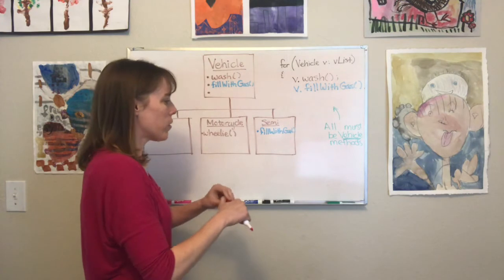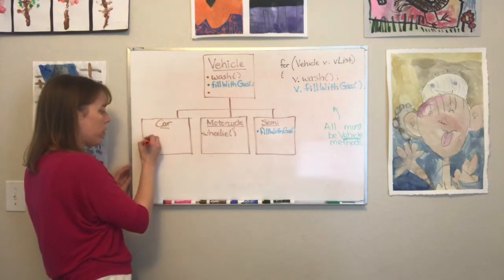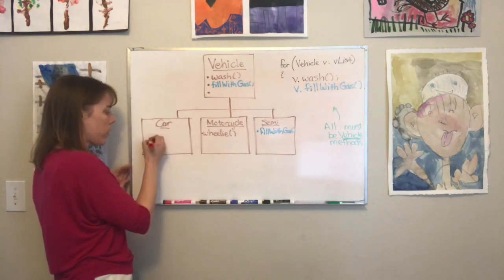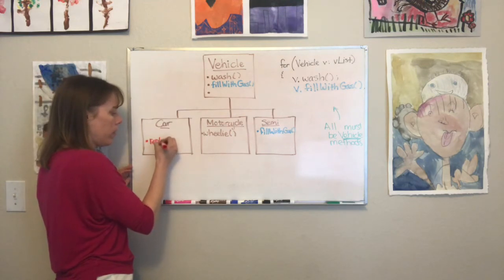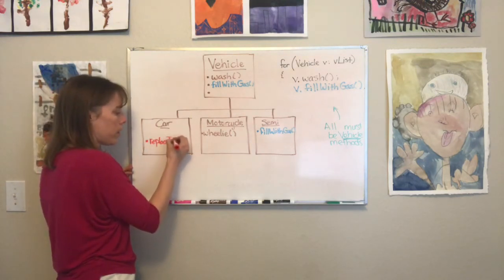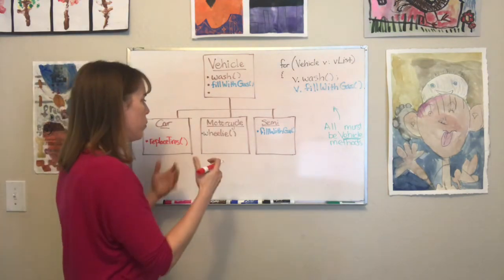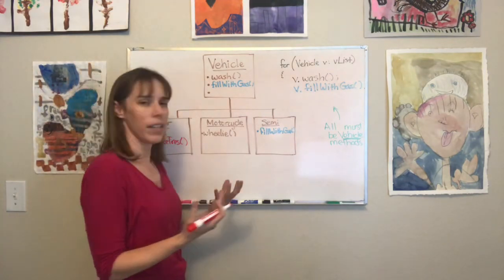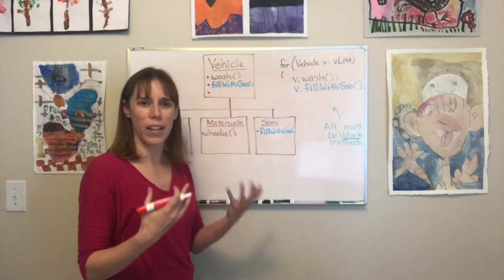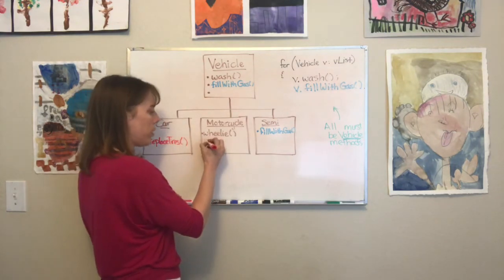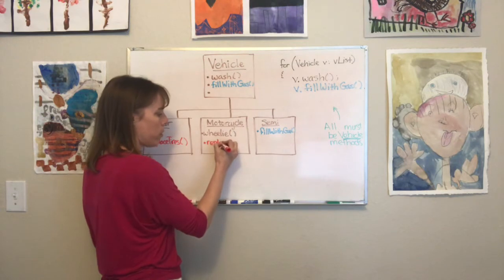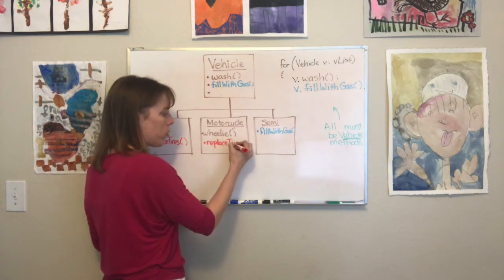Now, you could also do something like this. Say we wanted to replace tires in a car. I could replace tires here, right? So I'd jack up the car, pull off the 4 tires, and put new ones on. Motorcycle would be a little bit different. The process for getting them off is different, so I'm going to have separate code here to replace my 2 tires on the motorcycle.